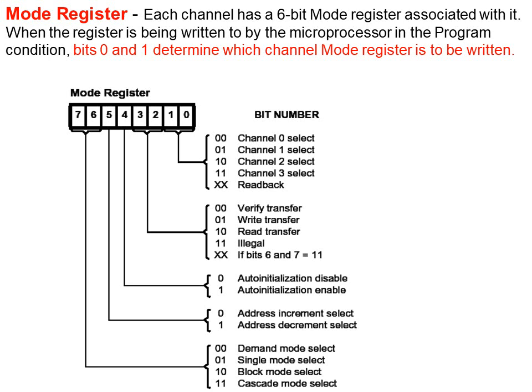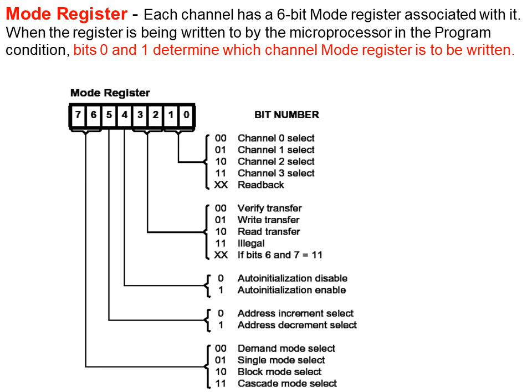The next bits are D2 and D3. These represent the DMA operation. If the bits are 00, it is a DMA verify operation. If 01, we are performing a DMA write operation. If 10, we are performing a DMA read operation. If 11, it is illegal and does not represent a particular operation.